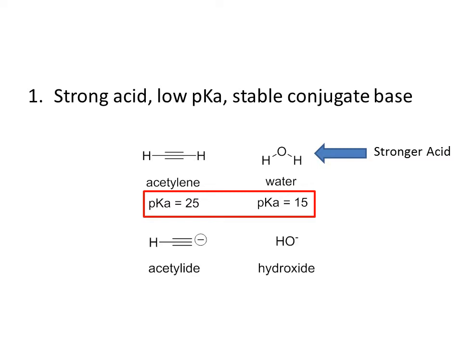If we look at the structure of each conjugate base, acetylide and hydroxide ions respectively, we know that hydroxide ion is going to be the more stable between the 2. It's not very reactive. It's not going to want a proton as much as the acetylide ion. So we can also conclude that acetylide is the stronger base.